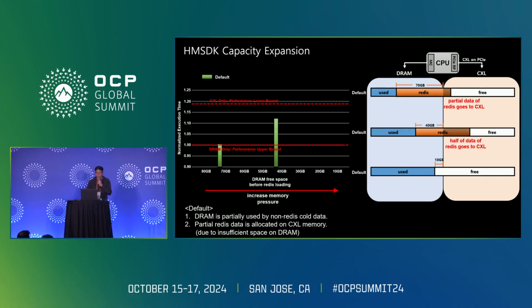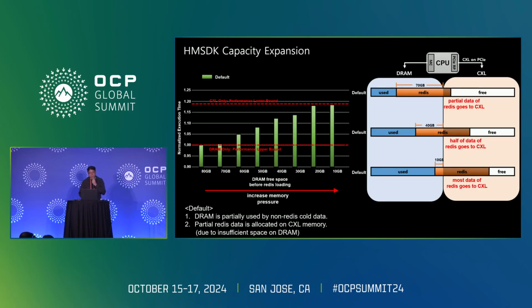In the second case, half of Redis is allocated into the CXL, and the performance gets a little bit slower. If most of Redis is allocated inside the CXL, this is very close to the CXL-only performance. And in the other cases, you can see the performance slow down linearly.